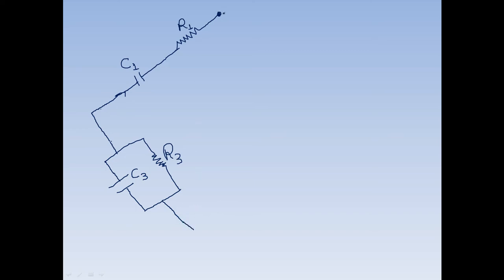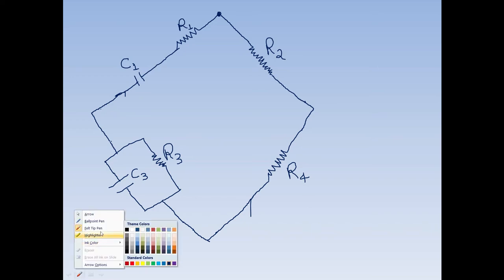Now at this particular point, there is a resistive network having value R2, and then there is another resistive network that has a value R4.